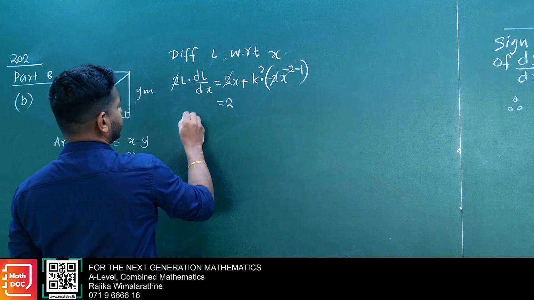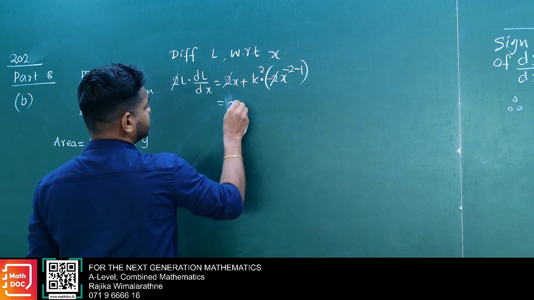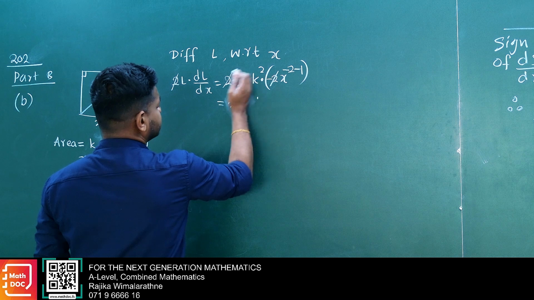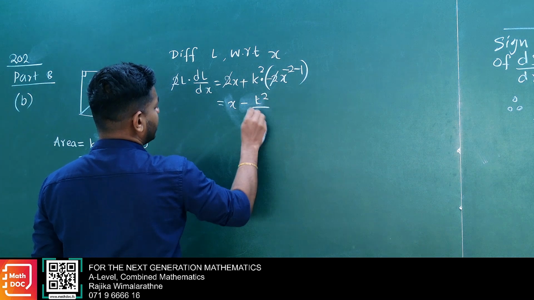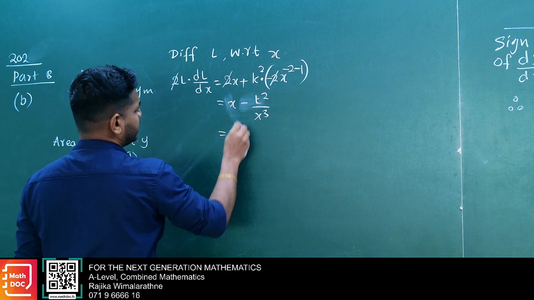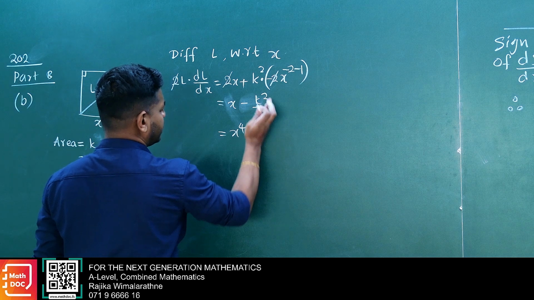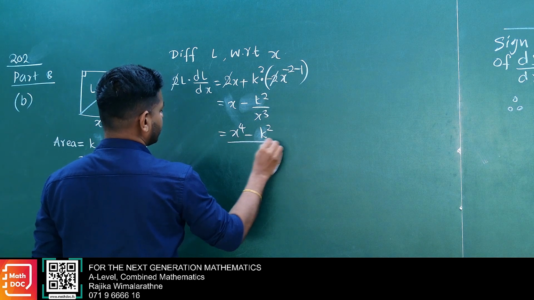Simplify to 2x minus 2k squared over x cubed, then 2 times x to the power 4 minus k squared over x cubed.